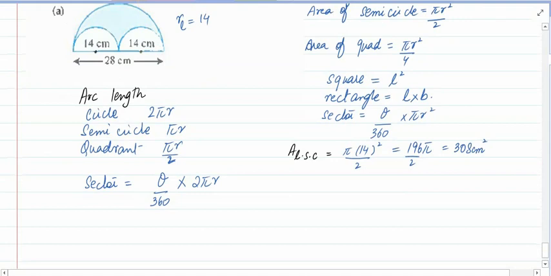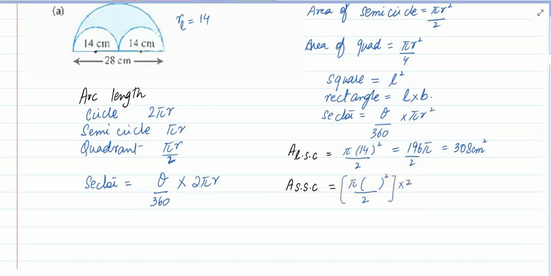Similarly, I am going to find the area of the smaller semicircle. Working formula is the same, that is pi r square divided by 2. Now can you tell me how many semicircles we have? We have two semicircles, so we need to multiply the area by 2.